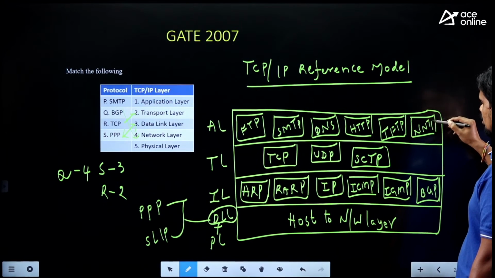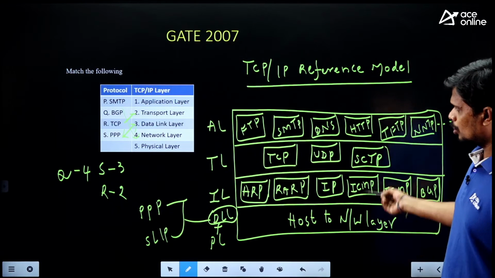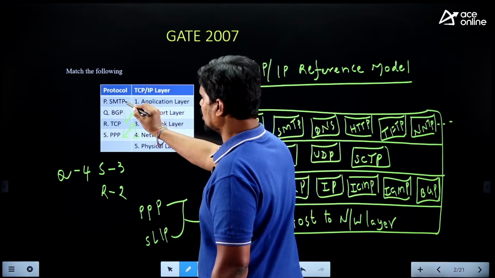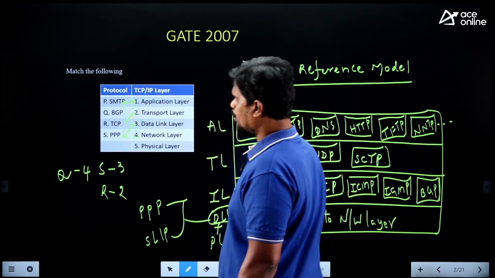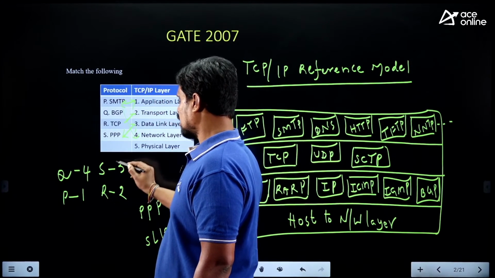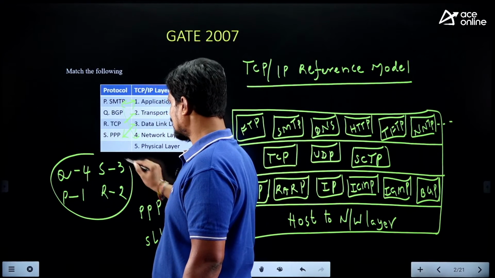So like this, we are having some protocols as part of the application layer. If you verify SMTP as part of the application layer, I can match this with the P1 itself. So P1 Q4 R2 S3 is the correct answer for this question.